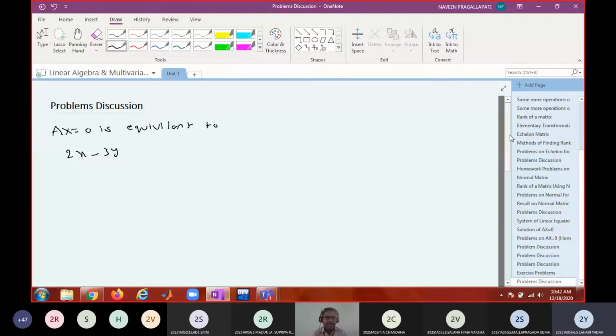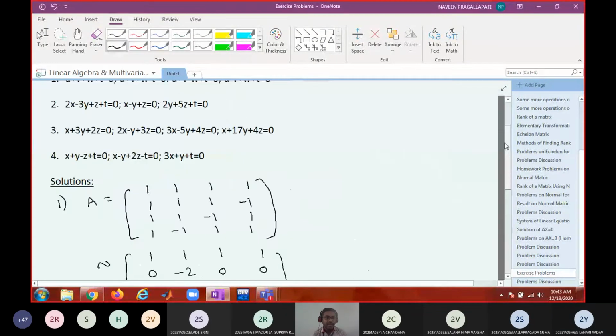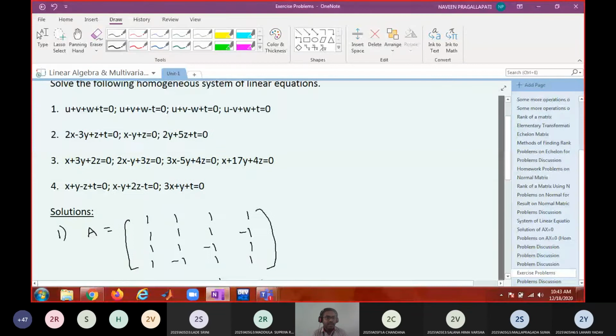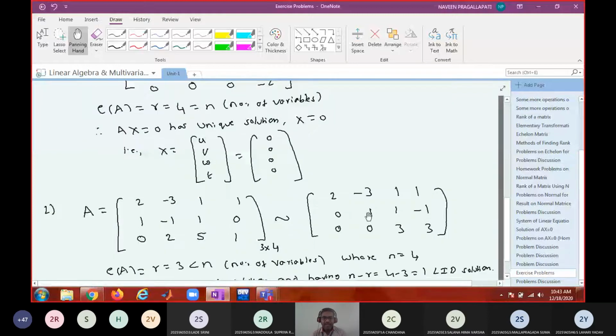See, you have to see the order also. First the x coefficient you are writing, next the y coefficient, next the z coefficient, then the t coefficient. That is how you have written it, right? So 1 minus 1, 1, 0. Then you have to write the variables accordingly. Order is also important.